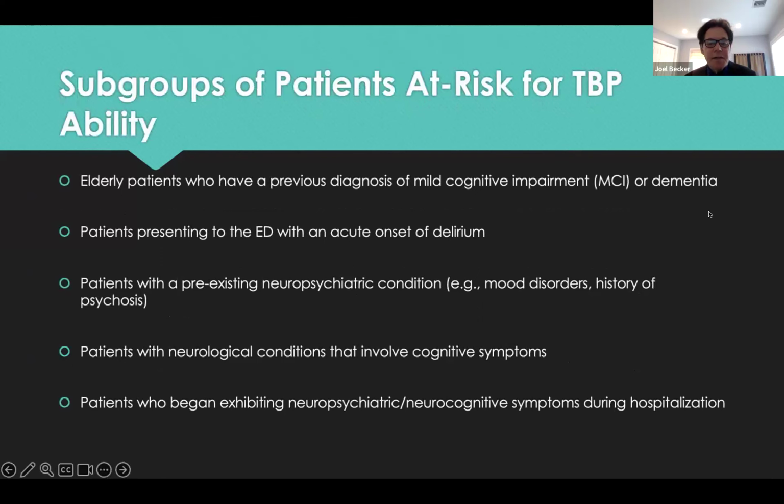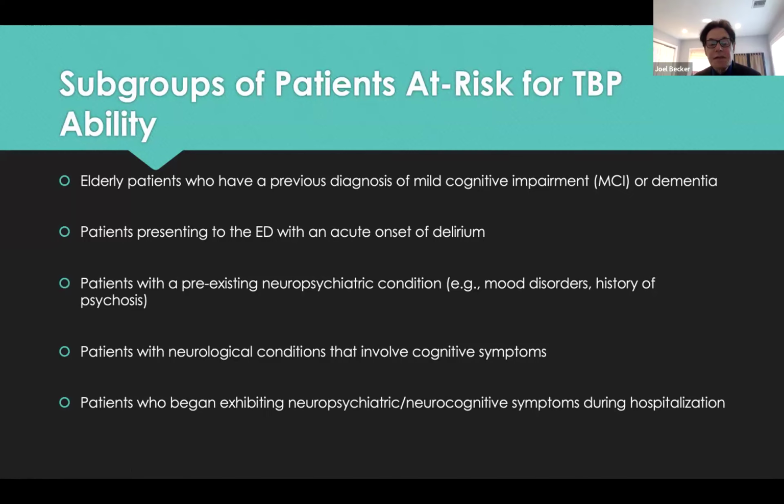High-risk subgroup samples are, obviously, elderly patients, certainly those with a previous diagnosis of mild cognitive impairment or dementia, and patients presenting to the emergency department with acute onset of delirium. Even patients with UTI or other infections can oftentimes be in a very compromised neuropsychiatric state.